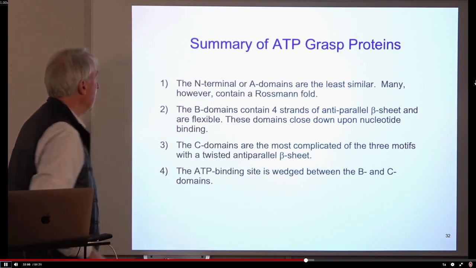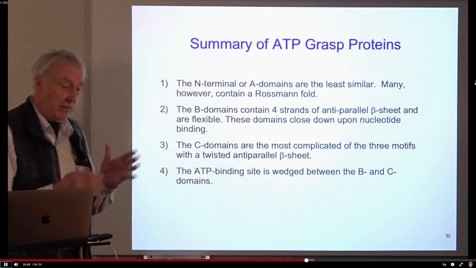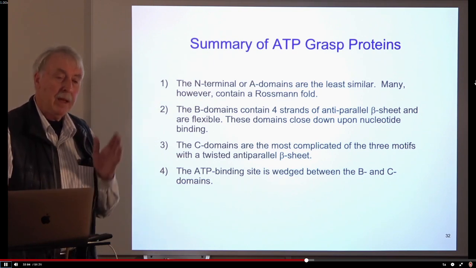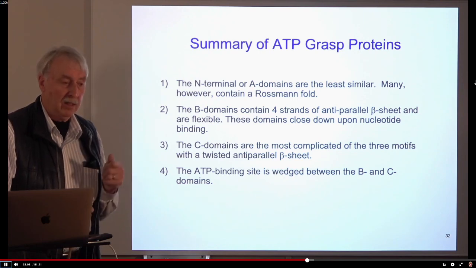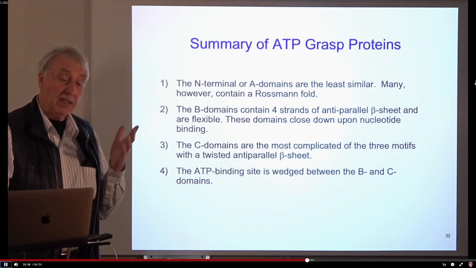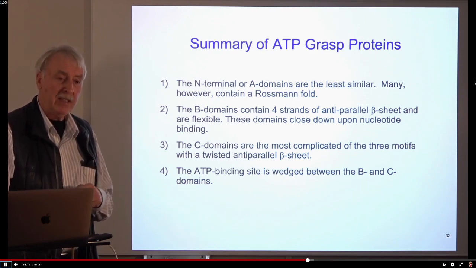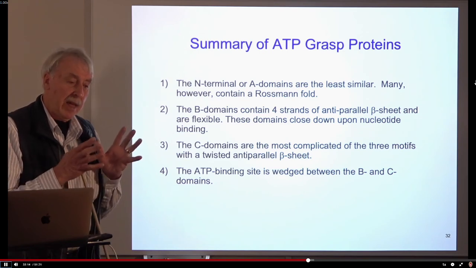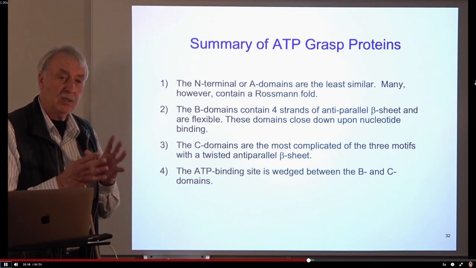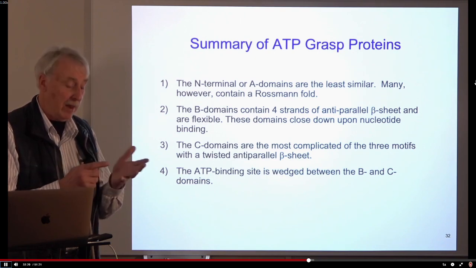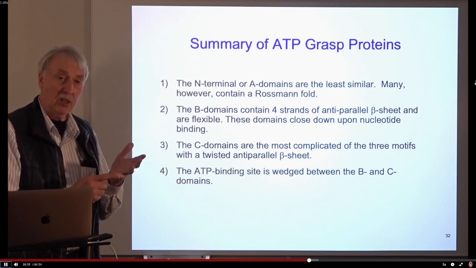And so that's the overall summary. What do I want you to take from the ATP grasp? They're different, it's conserved, it's got two metal ions, it's recognizing a stable conformation of ATP, and it's accommodating all of the features of the ATP that you can. You've got to take care of the negative charges on the phosphate.